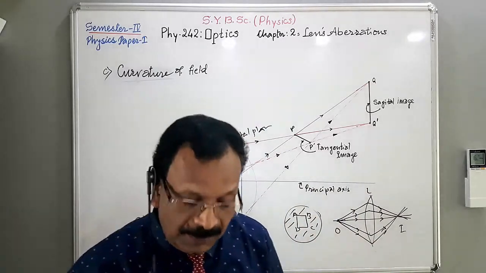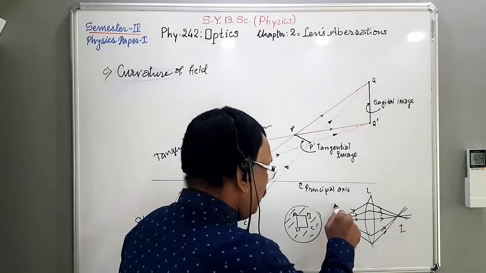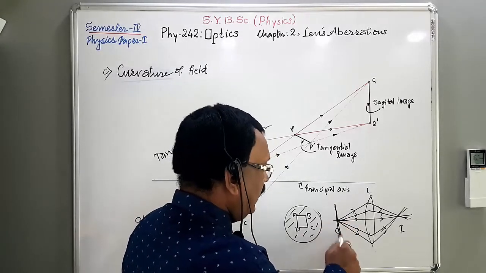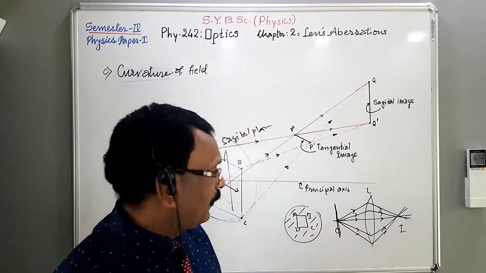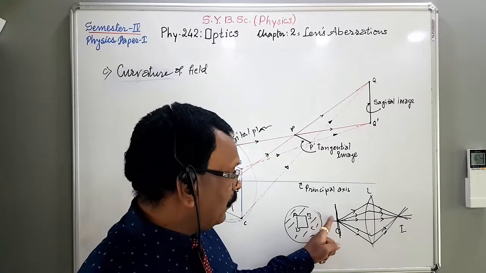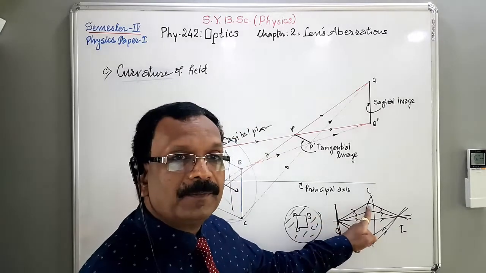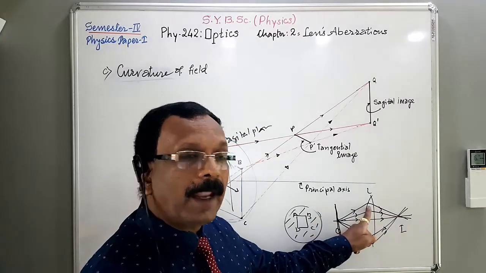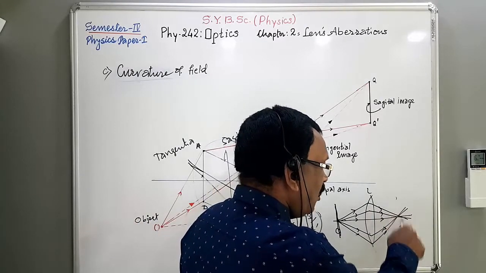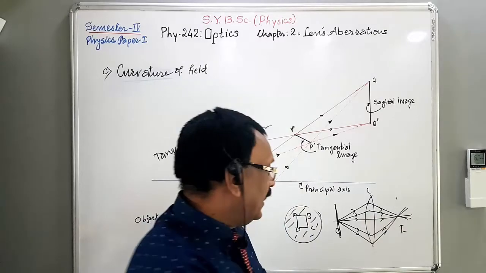But if we place an extended object like this instead of a point object, then the rays coming from this object are incident on the lens, and after refraction we will get the image, but that image is not a flat image.